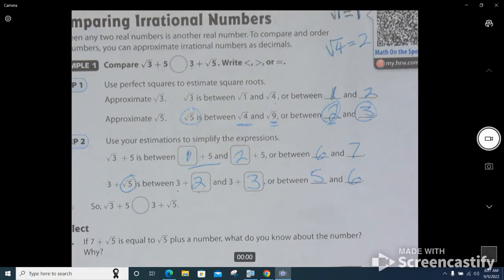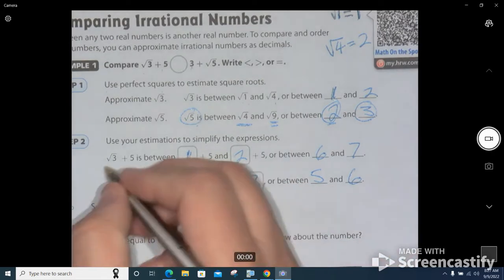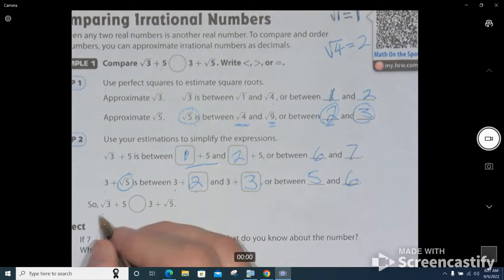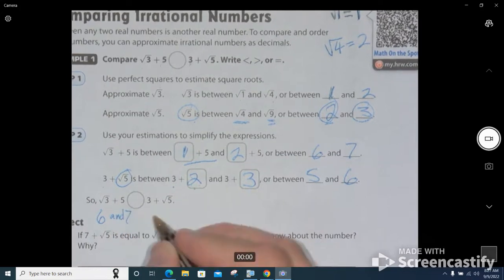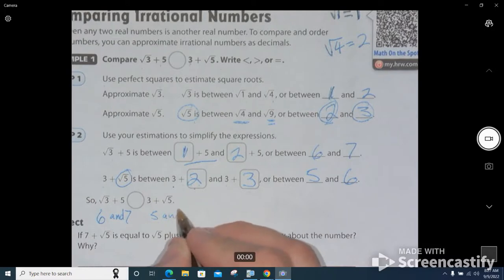So now, which one is larger? We have to decide what value is larger. This one is between 6 and 7. This one is between 5 and 6.